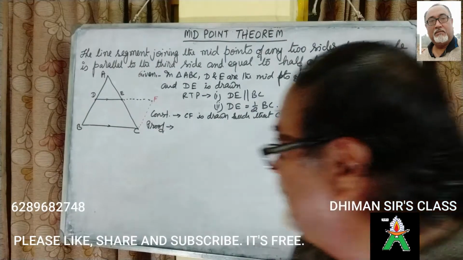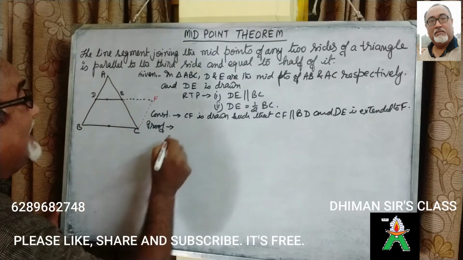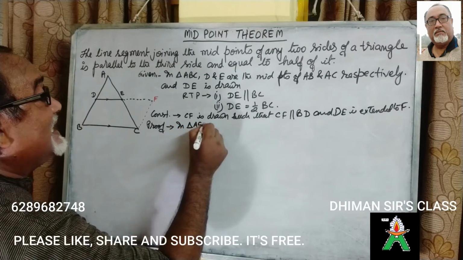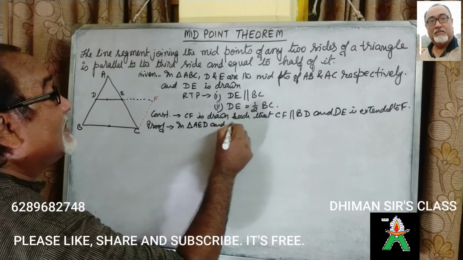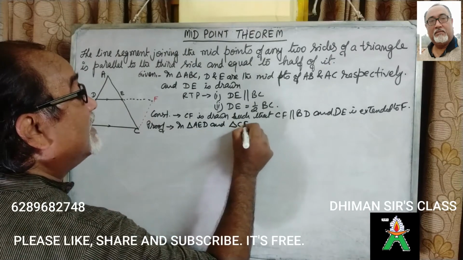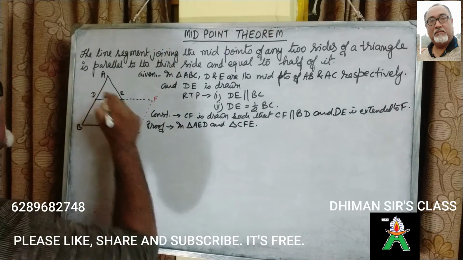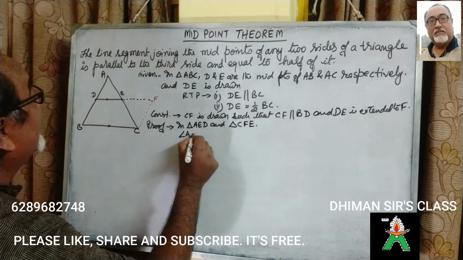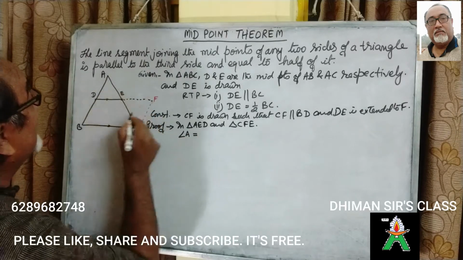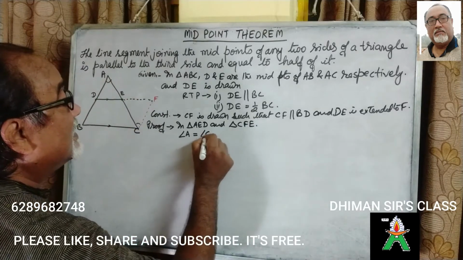So let us start. In triangle AED and triangle CFE, what we can see, angle A is equal to angle C. Why?